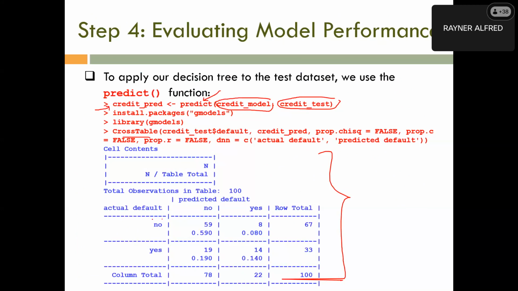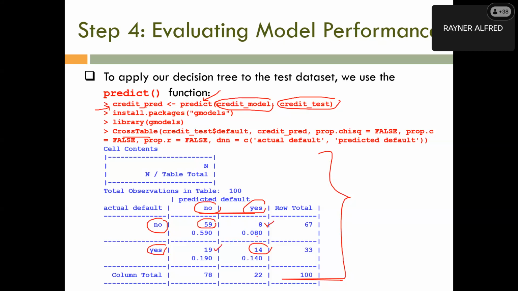So this is the actual label. This is the predicted label. So this is true positive. This is true negative because we have yes and yes. So the error here is this one.